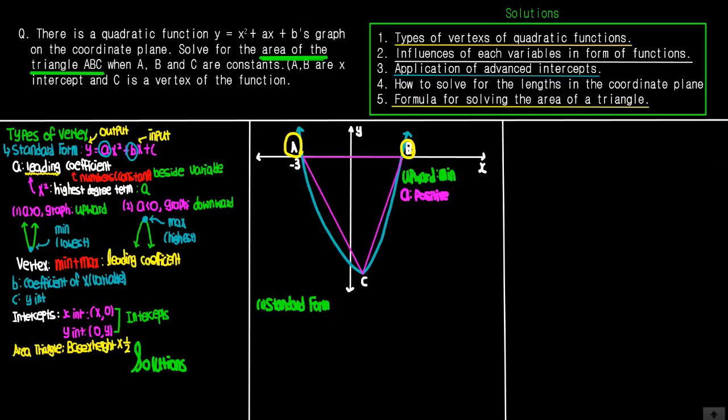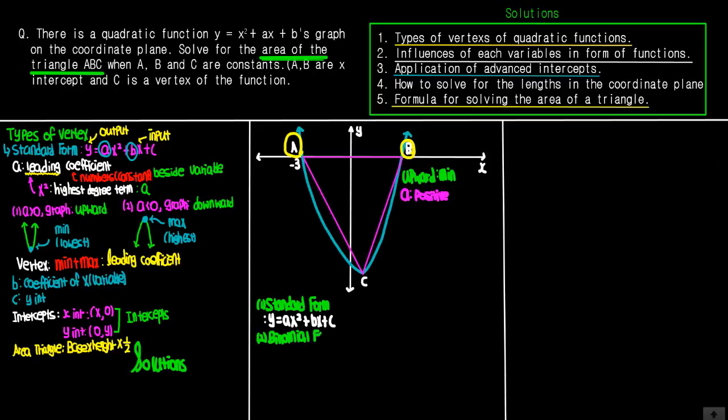The standard form is y is equal to ax squared plus bx plus c. Now let's think about the second case. The standard form is optimized for simplified calculating. The second one is the binomial form.